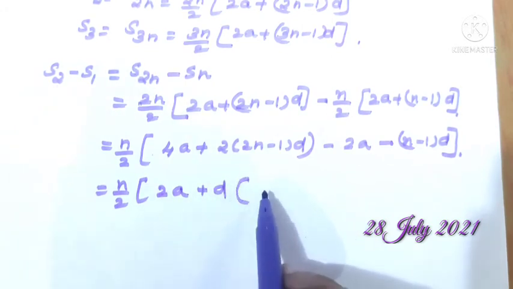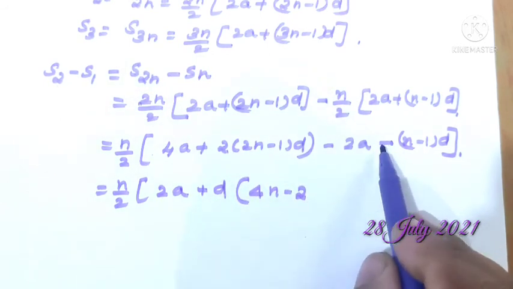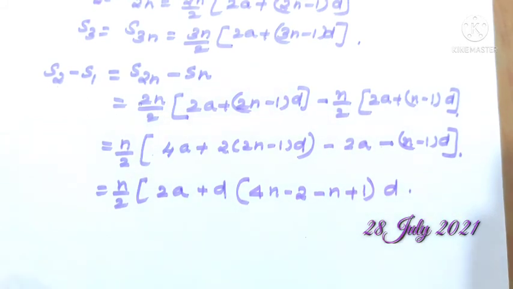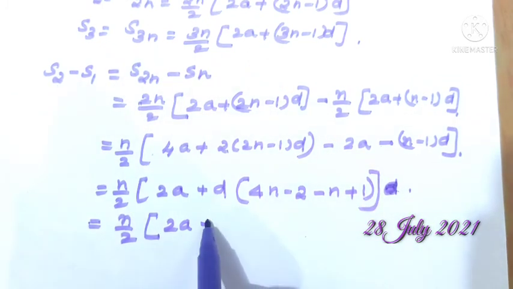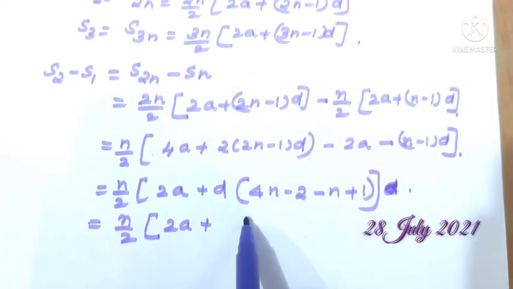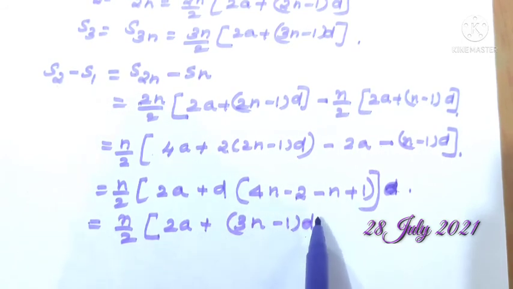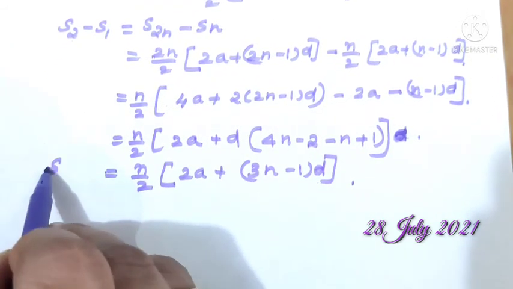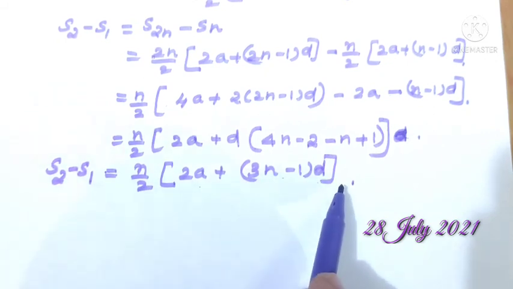Then the bracket terms: 2 into 2n minus 1, that is 4n minus 2, minus n plus 1, into d. So n by 2 bracket 2a plus 4n minus n, that is 3n, minus 2 plus 1, minus 1, into d, right? So S2 minus S1 we got as n by 2 bracket 2a plus 3n minus 1 into d.